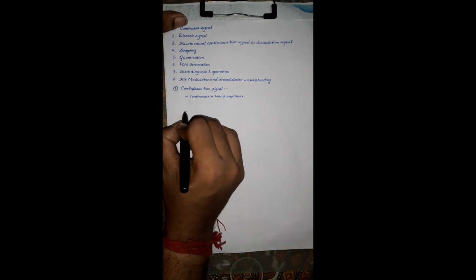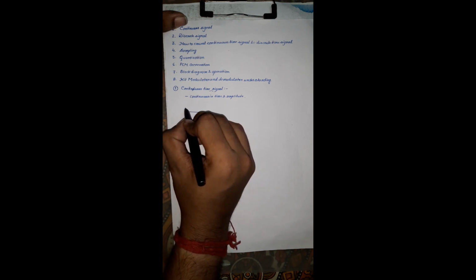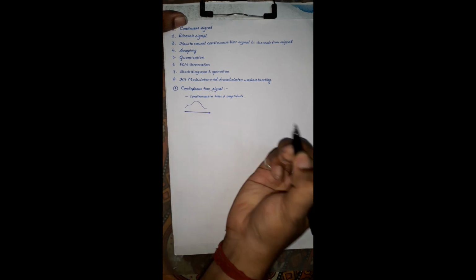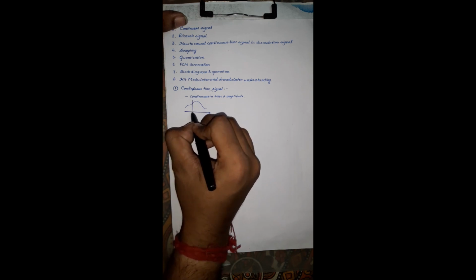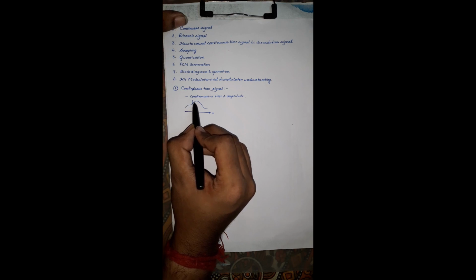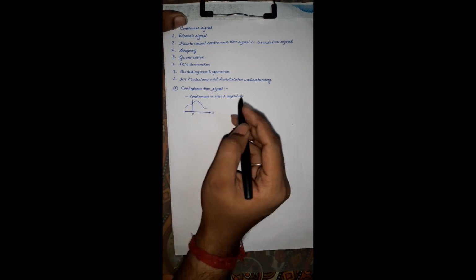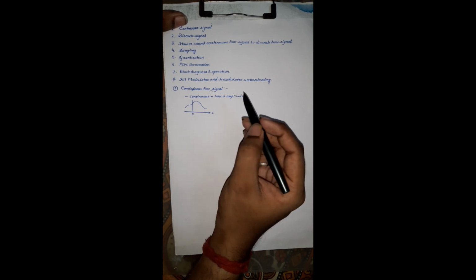Let me draw a demo signal. Our sinusoidal signal is also a continuous signal, but I am drawing this signal. This is the 0 point, this is the time axis. You can see that this signal is continuous in time and continuous in amplitude. How can we detect it?